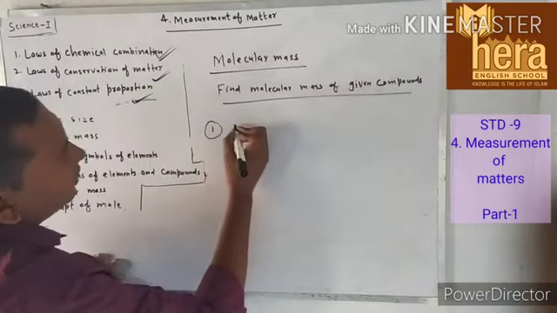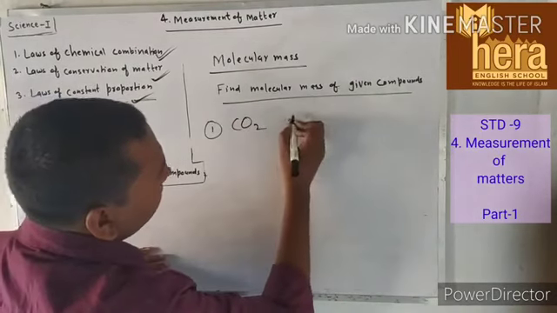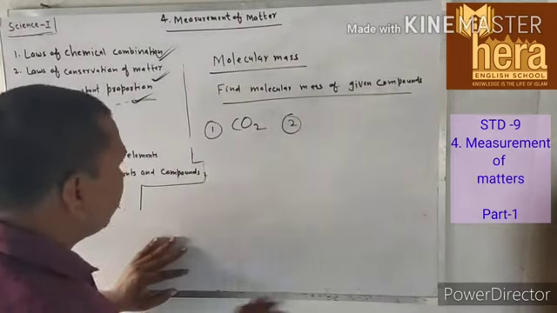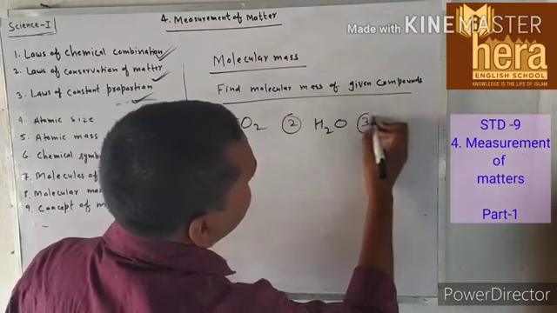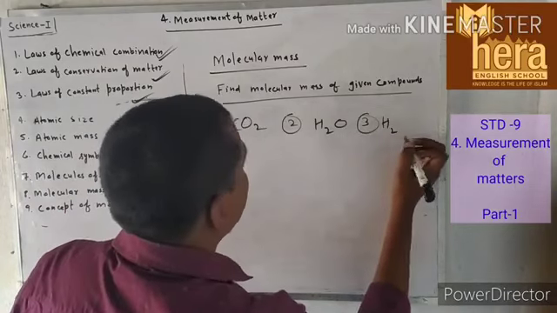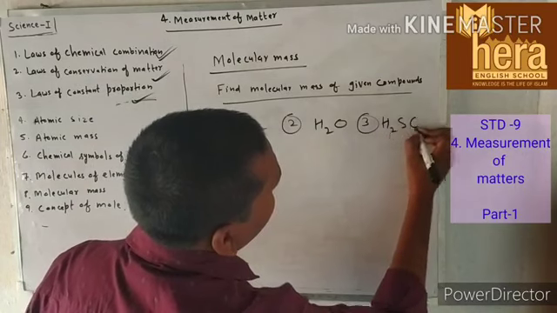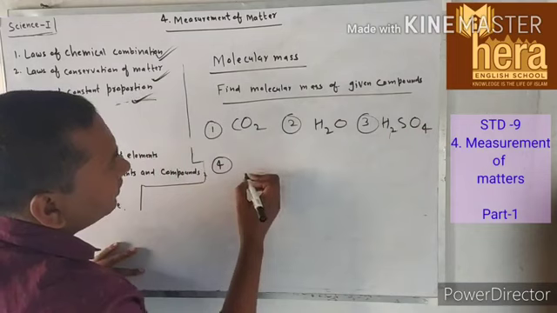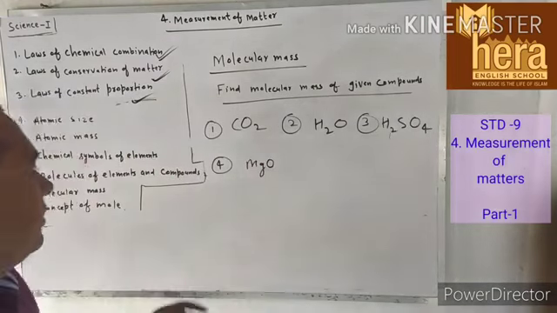First one is carbon dioxide, CO2. Second one is H2O. Third one is H2SO4. Fourth one is MgO, magnesium oxide.